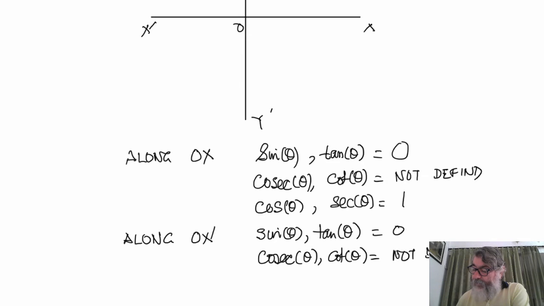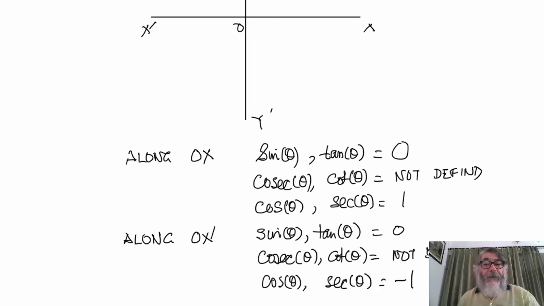And cos theta and sec theta, only difference will be minus 1. They will be minus 1. This is along OX dash.